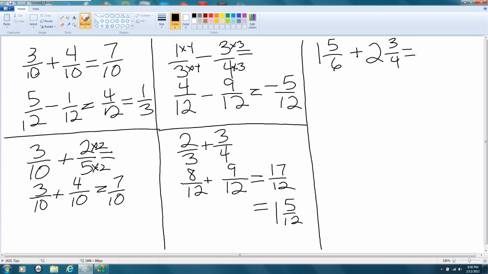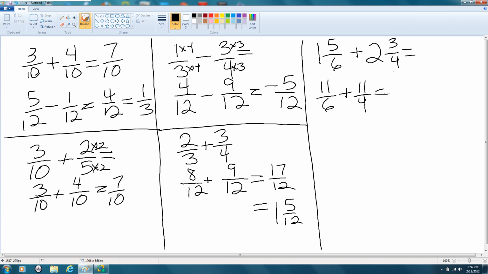To convert this to improper fraction, we go 6 times 1 is 6 plus 5 is 11/6, and then 4 times 2 plus 3 is 11/4. They just happen to be 11 there. Yeah, that's correct. And so now we have improper fractions, but we need a common denominator.